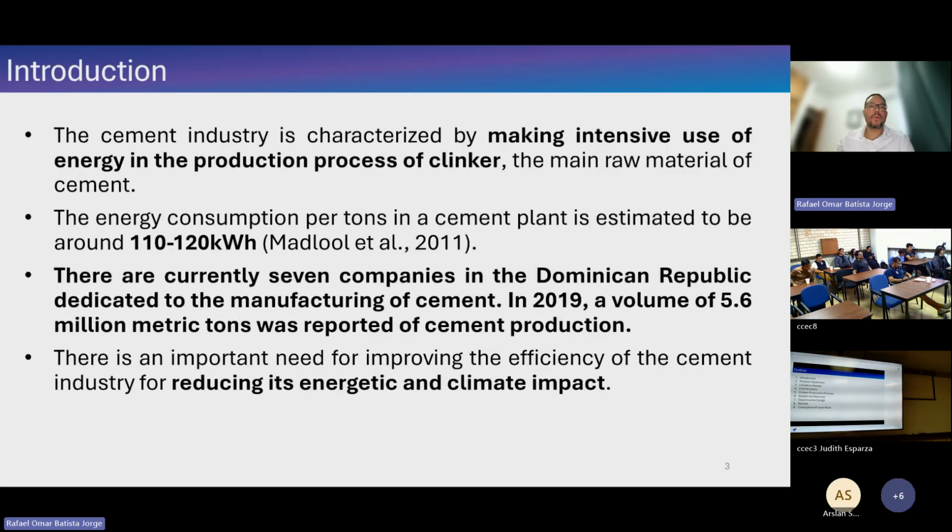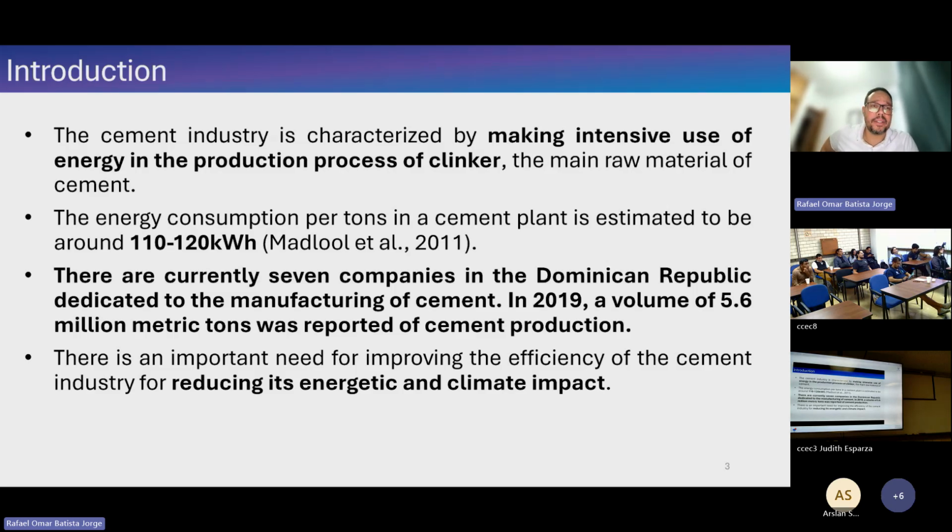So first of all, in the context of the Dominican Republic, we have a cement industry, and it's characterized, as in other parts of the world, by making intensive use of energy in the production process of clinker, the main raw material of cement, right? As presented by Malul et al. in 2011, the approximate energy consumption is between 110 and 120 kilowatt hours per ton of clinker.